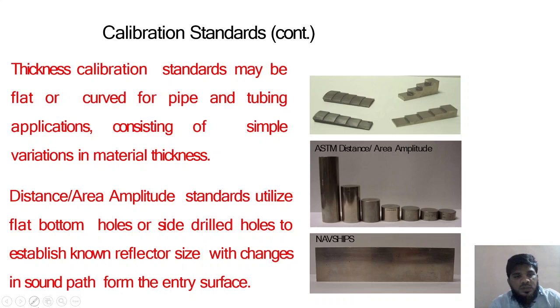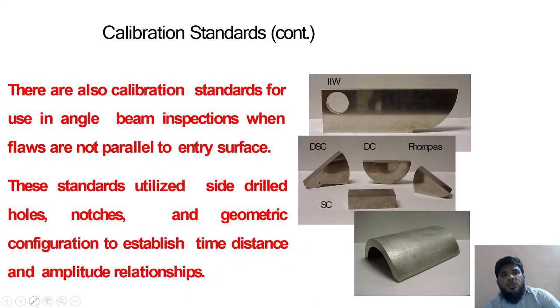The distance or area amplitude standard utilizes flat bottom holes or single drilled holes to establish known reflector sizes with some changes in sound path. Okay, there are also some calibration standards for the use of angle and single beam, which are non-parallel devices that can also be measured.